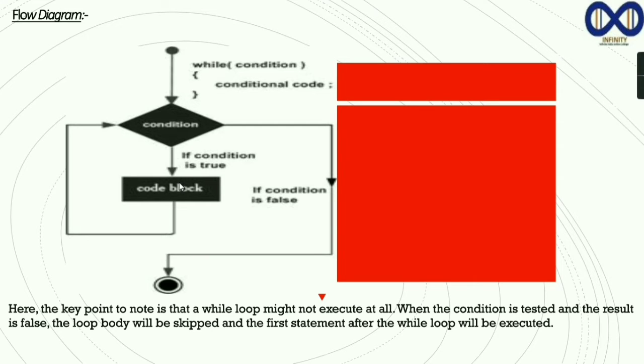If the condition is false, it goes directly to the end of the program. The key point to note is that a while loop might not execute at all when the condition is tested and the result is false. The loop body will be skipped, and the first statement after the while loop will be executed.